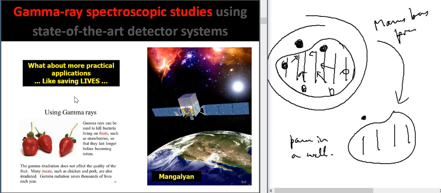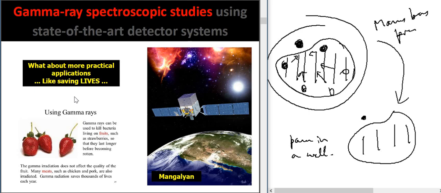No, the dose will be very small and the gamma rays will be chosen appropriately so that it doesn't affect the quality of the fruit. You see, many meats such as chicken and pork are also irradiated. So if you save the food for a little while longer, more and more people will be able to eat it. So in a way, you are solving a sort of hunger problem.